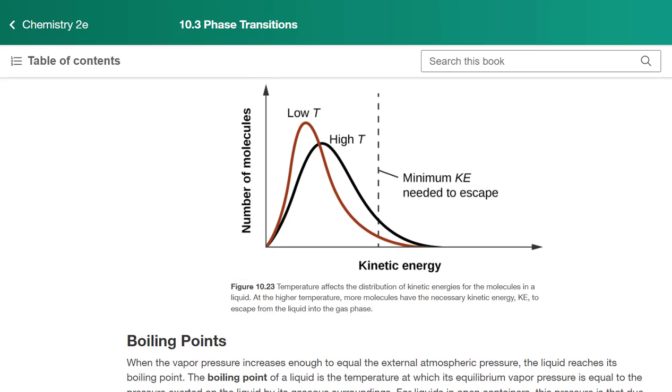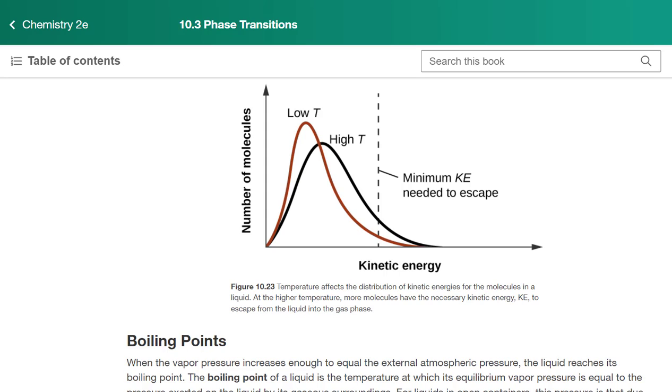And what that will essentially do, if we look at this set of curves up here, it's as if this bell curve has the highest point right on this minimum kinetic energy needed to escape. So suddenly, all of the molecules, or most of the molecules, have exactly the energy that they need to escape.